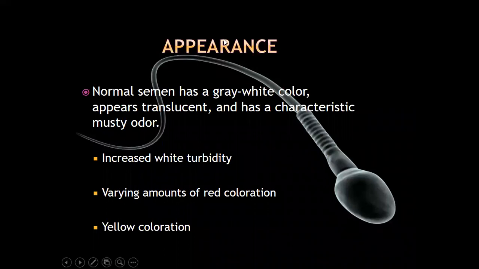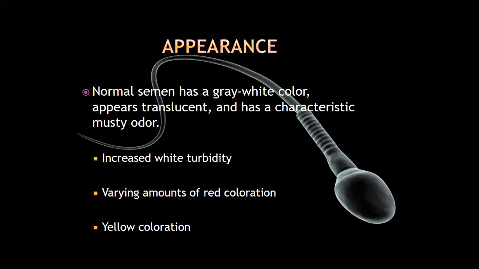The appearance of the semen is normally gray-white in color. It appears translucent and has a characteristic musty odor. Now, what I want to point out here are the instances wherein your specimen does not appear gray-white. If you receive the specimen, you need to take note if it is gray-white or not.